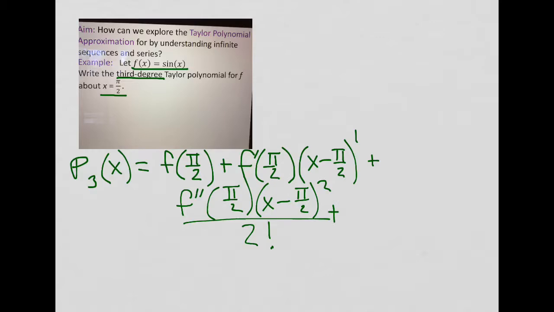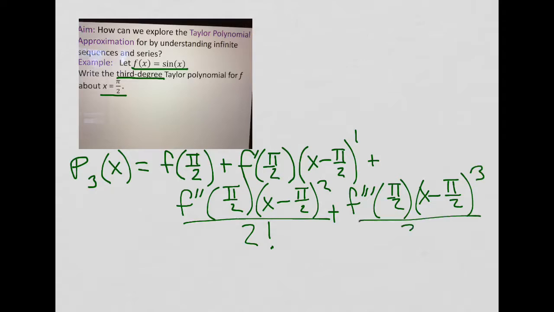And last but not least, we need f triple prime of pi over 2 times the quantity of x minus pi over 2 cubed, over 3 factorial. I would definitely leave the 2 factorial as 2 factorial instead of 2, which is its equivalent, because that's usually what we see on the AP exam. And 3 factorial, just leave it as 3 factorial instead of 6.